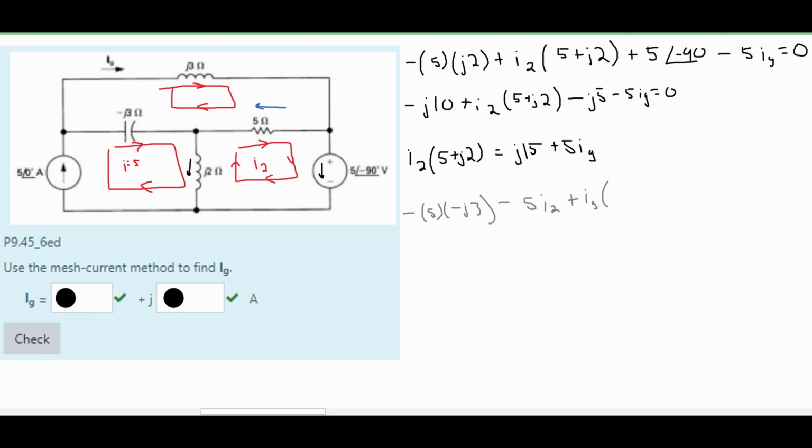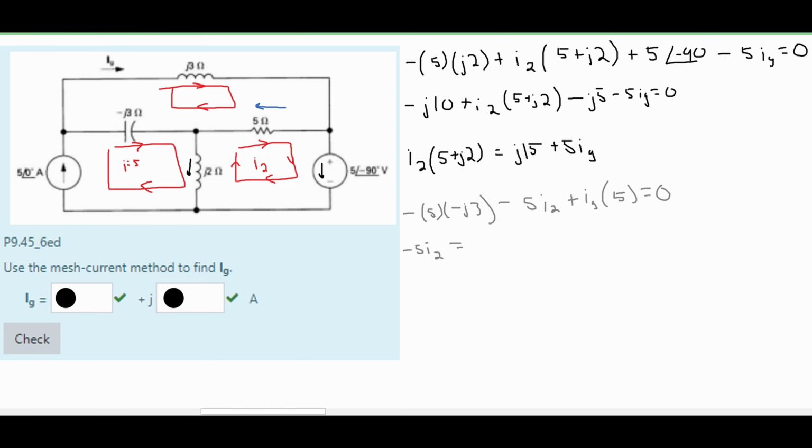So we're going to have our IG, and then we're going to add the impedances. This impedance will cancel out with this impedance because it's the same thing but negative. And then we have the 5 ohms there. So we will have this being multiplied by 5, all set equal to 0. Now, to correctly write this out, we want to solve for our I of 2. So we are going to move our constants over. We will have a negative 5 I of 2. I'm not going to touch this yet.